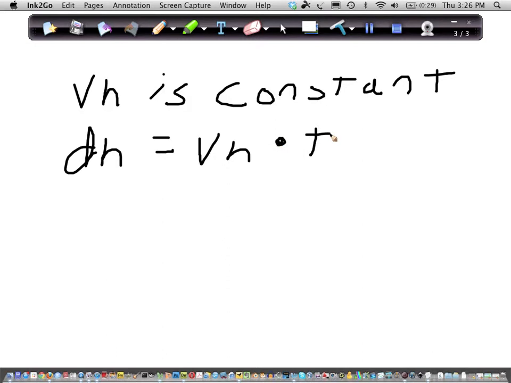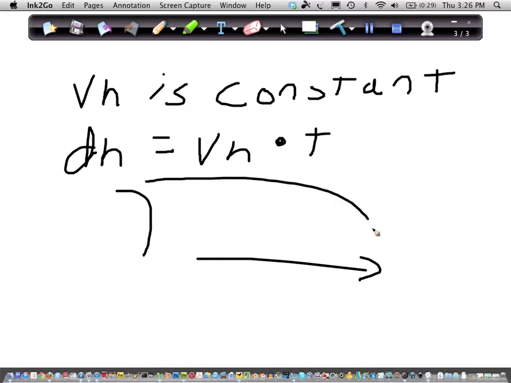In other words, if we look at the distance in the horizontal direction of this incident here, this distance from the bottom of the cliff to out here follows this equation.